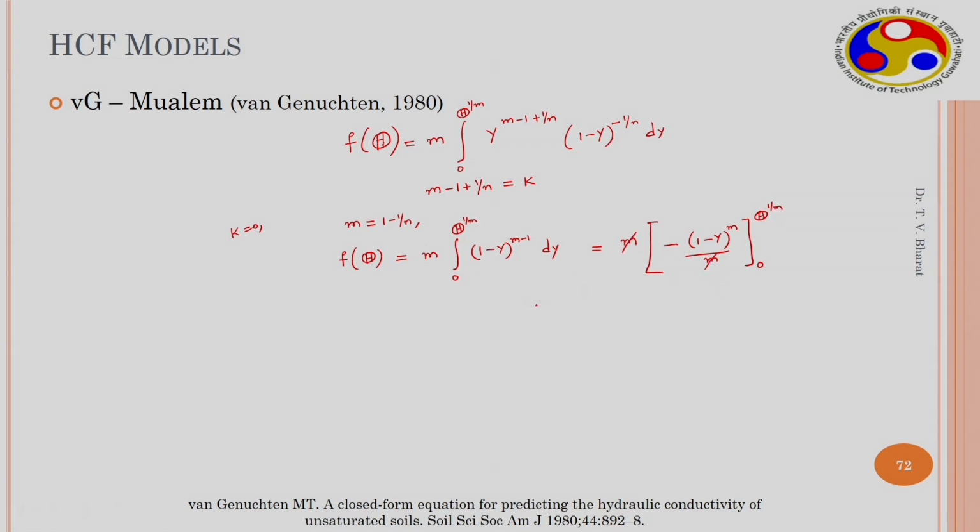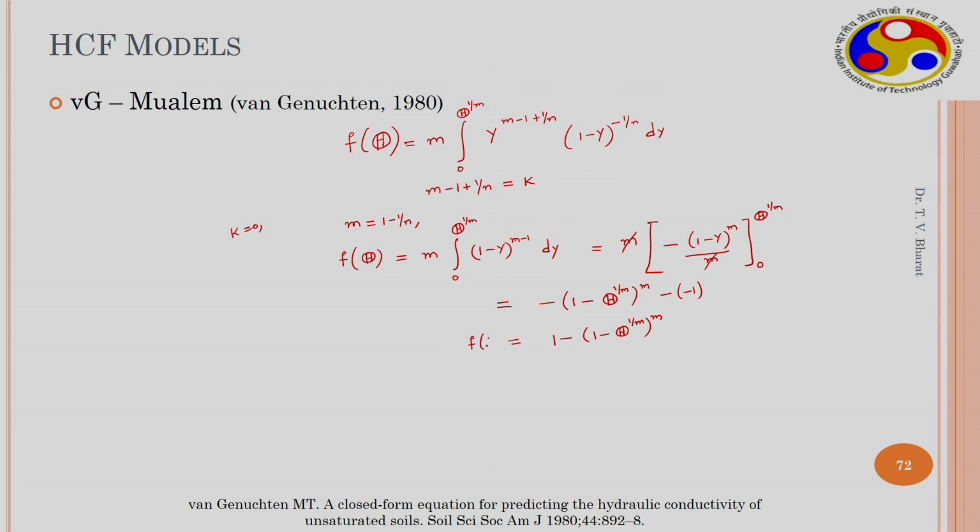This m gets cancelled, and this is nothing but minus 1 minus uppercase theta power 1 by m, whole power m, and minus, when 0 is substituted, this is again minus 1. So, therefore, this is 1 minus uppercase theta power 1 by m, whole power m.